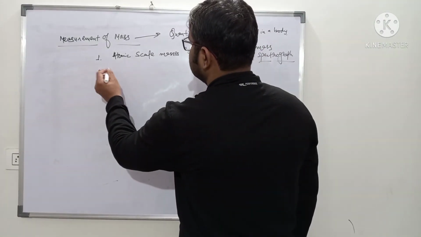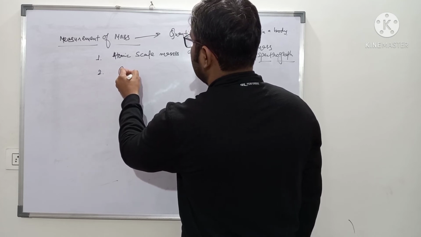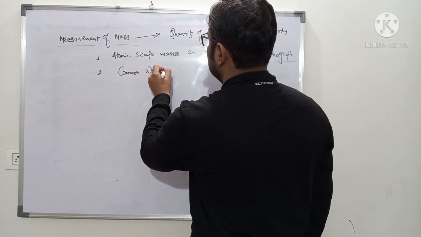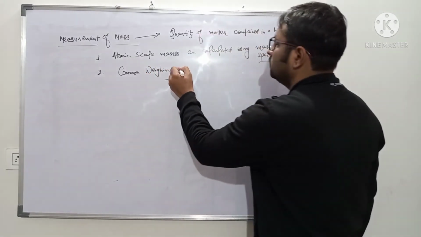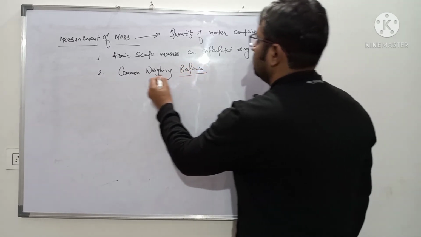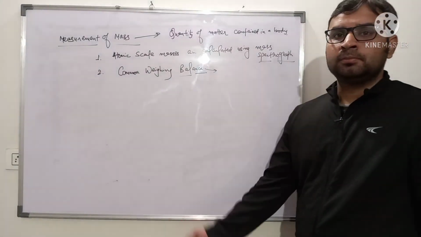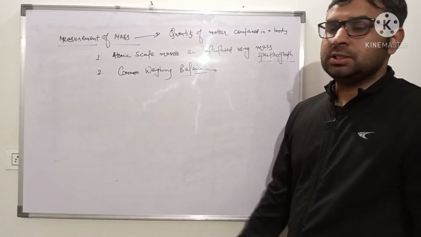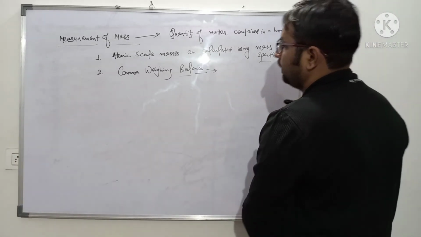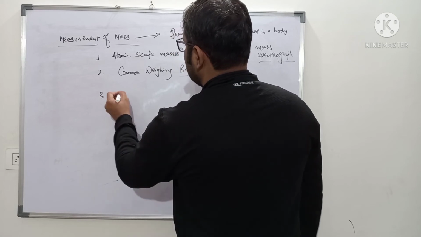Similarly, the common weighing balance, which we usually find in grocery shops, is used to measure the mass of normal objects, 5 kg, 10 kg, 50 kg, up to that scale, right? Then come astronomical masses.